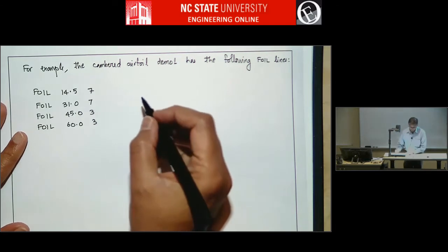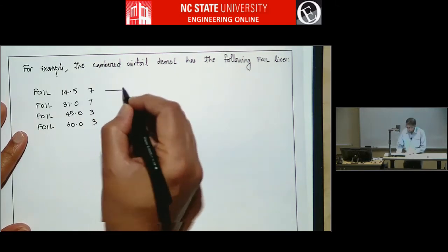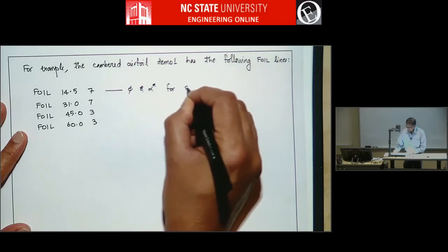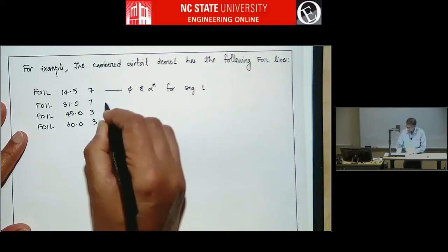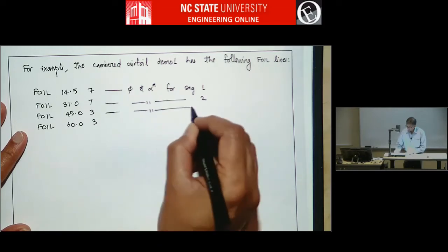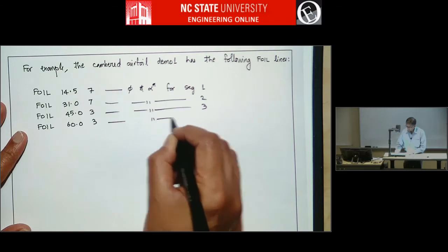So this is phi and alpha star for segment 1, and phi and alpha star for segment 2, segment 3, and this is for segment 4.